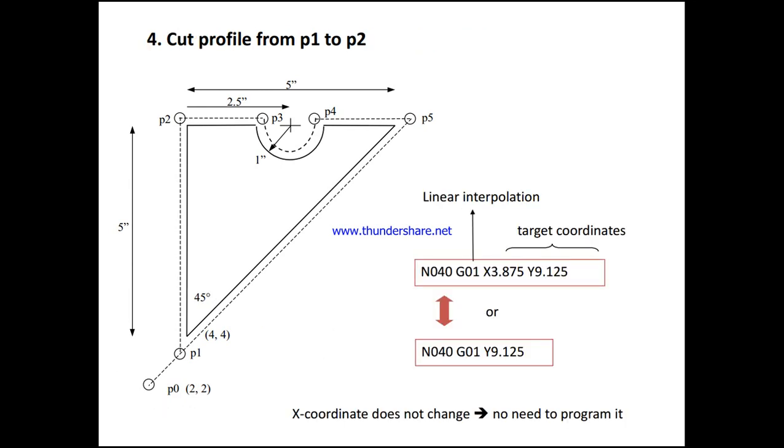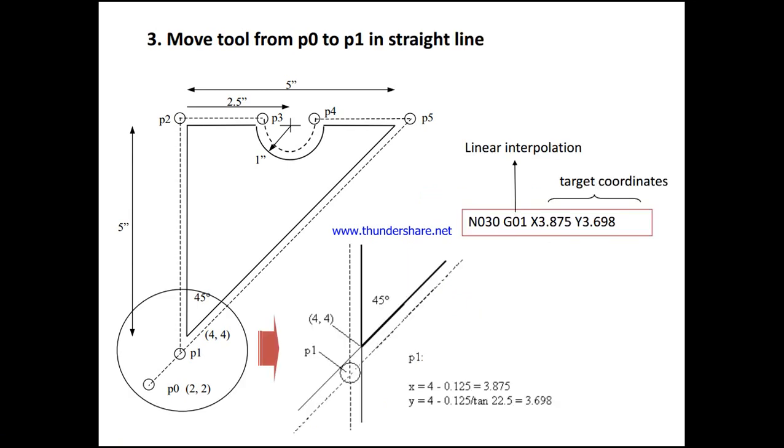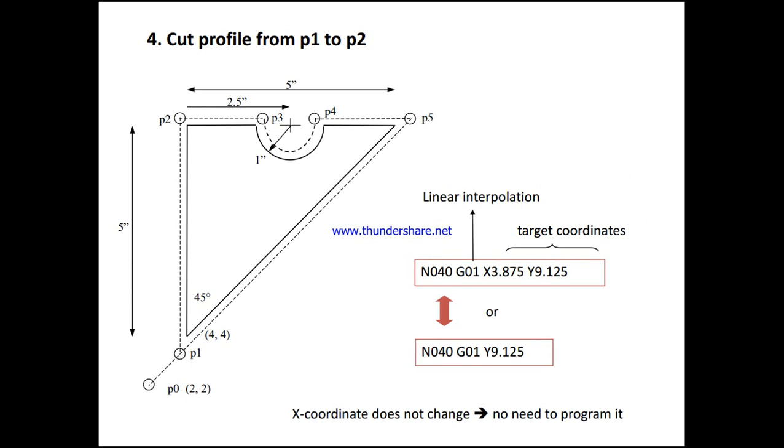In the same way, the profile from P1 to P2 is sequence N40, G01 linear interpolation, and X is 3.875, a continuation of this, where we have 3.698 plus the next 5, that is 8.698, or y is 8.698. So the x coordinate does not change here, it remains constant.